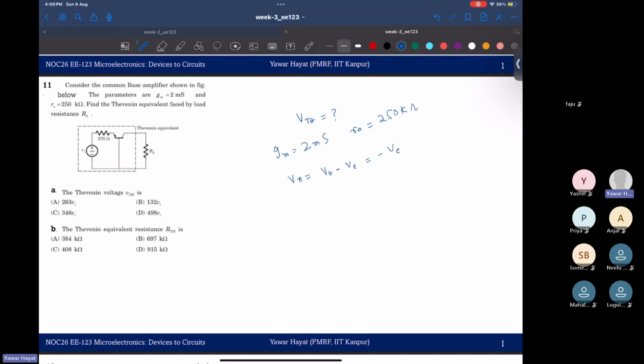And at the open circuit collector, your KCL would give VO minus VE, right? And that is equal to GM V pi. So if you rearrange this one, your VO would be equal to VE multiplied by 1 plus GM RO, right?